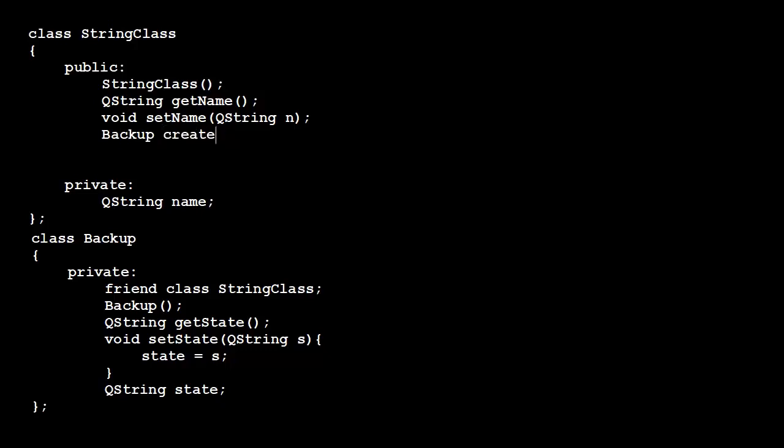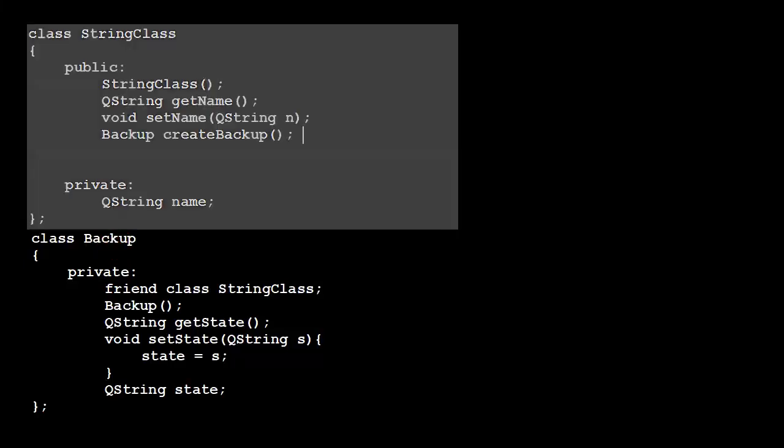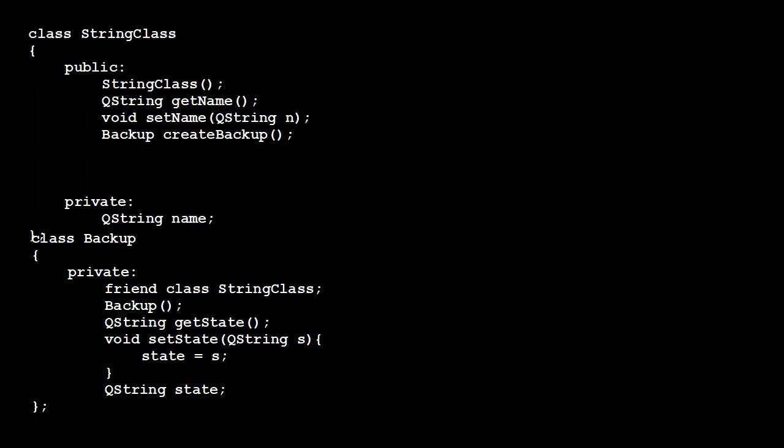So I can say here, create backup, and that's it. So I can use this function to create a backup. So this function returns an instance of your Memento class or your backup. The second function that I need in here is a function that can restore from a backup.